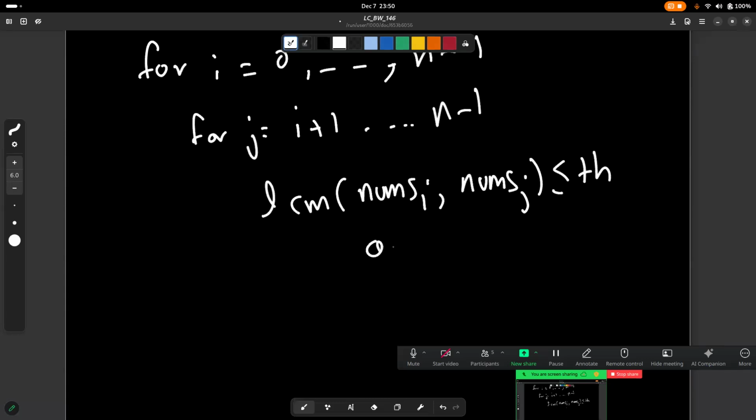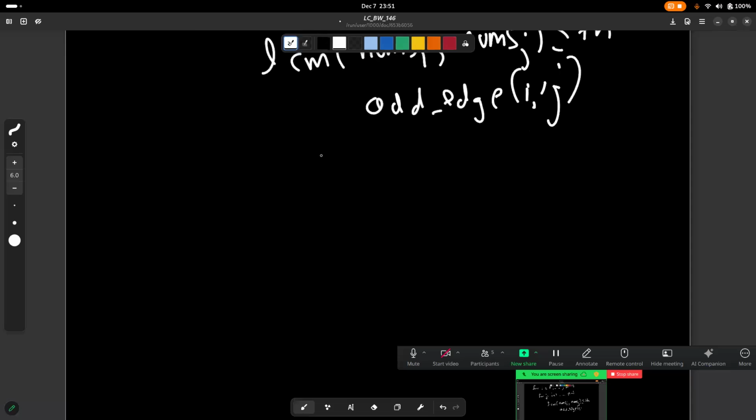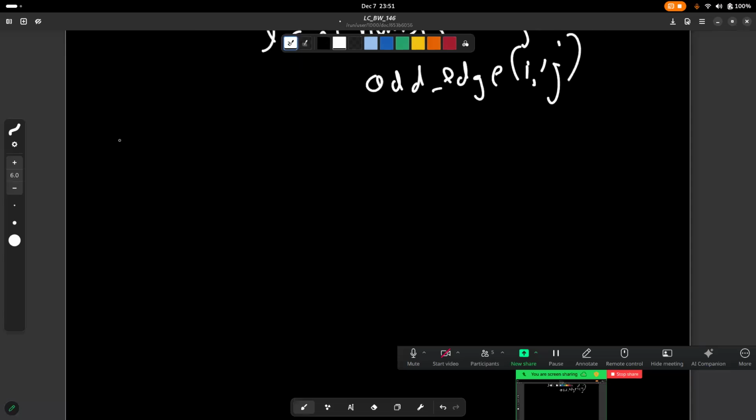If it is, I can add an edge between i and j, and construct a graph, and maybe I can just use DFS or BFS to find the number of connected components, and this would take big O of n squared time.